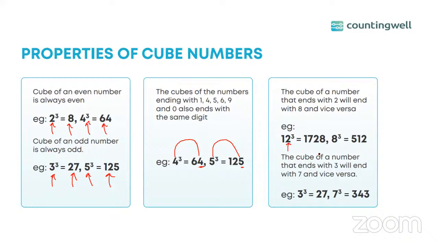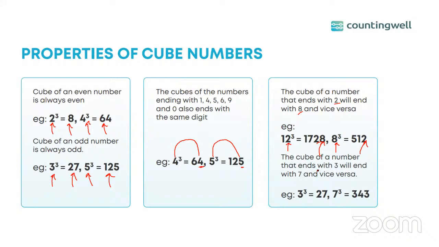So the cube of this number will end with the digit 8. Also, if you take the cube of 8, its cube will end with the number 2. So the cube of a number that ends with 2 or 8 will end with 8 and 2 respectively.